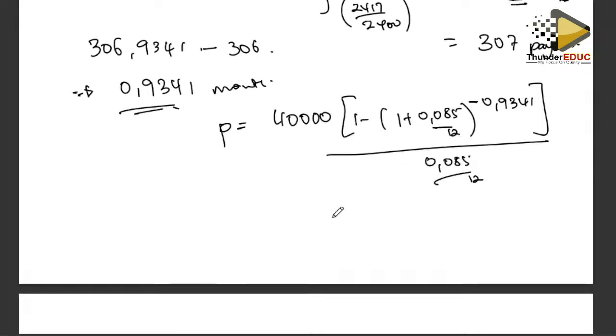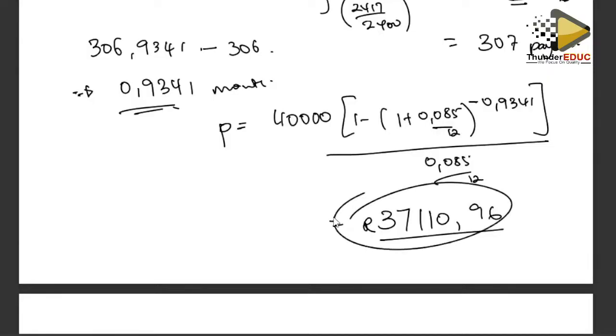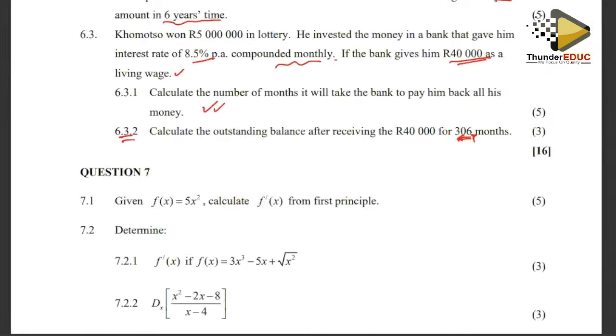When you substitute this, we end up with 3,110.96. So we can see that this is the last payment, which is smaller than the 40,000. All right, so that is to do with the finance.